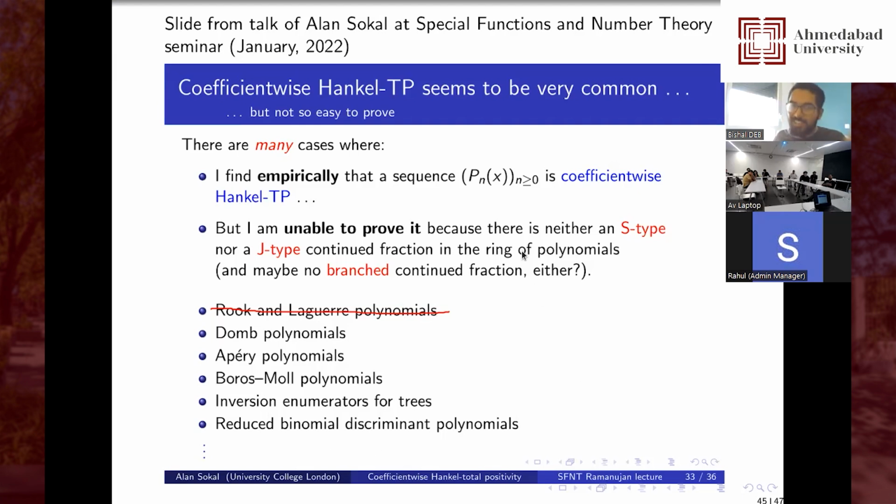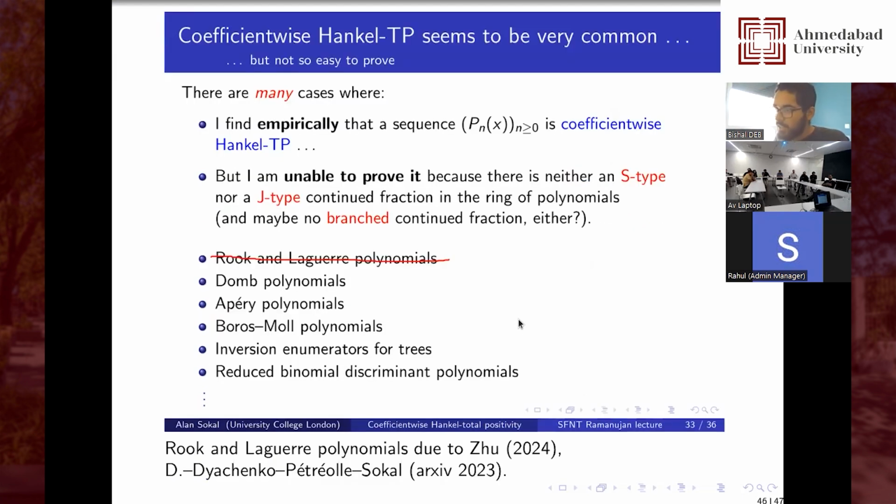This talk is there on YouTube, and maybe I'm advertising for it now. And then there's a long discussion after the talk where he talks about each of these sequences. The first of these has been proved independently by Baoshuan Zhu and it was only recently published. It was there on the arXiv a while ago.